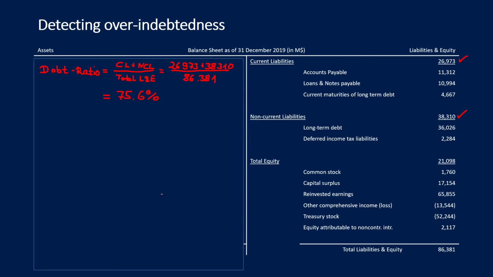If we now calculate the equity ratio, of course we divide the equity, EQ, by, and in this case, total liabilities and equity.